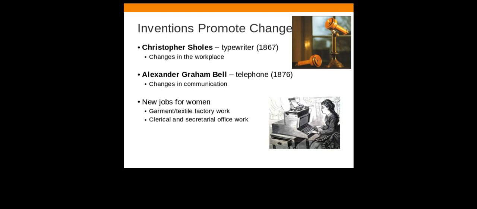Now, how do robber barons do it? How do you get to this point where you control an entire industry? There's two different ways. One way is called vertical integration. This is where you own every step of producing and selling a good.